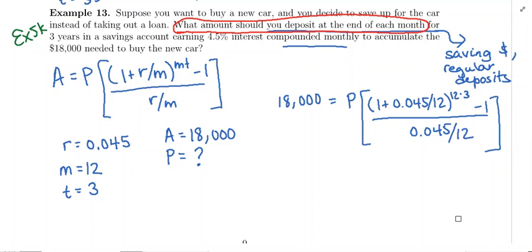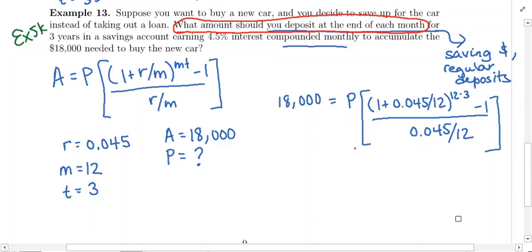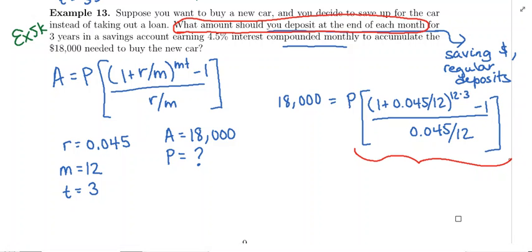When you look at this formula, P is multiplied by all this stuff in the brackets. We could go to our calculator and punch in the stuff that's in the brackets to figure out what P is being multiplied by, and that is what we're going to do.